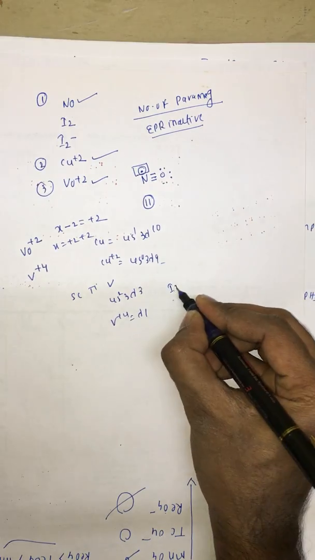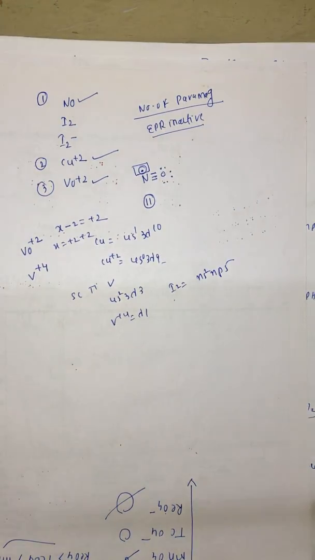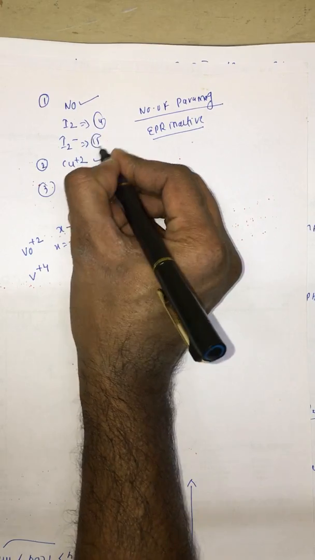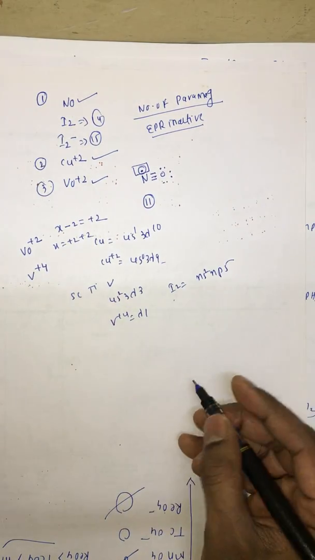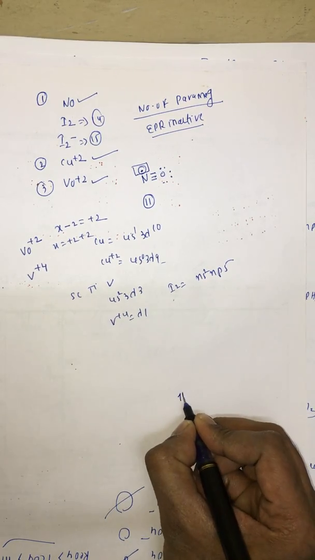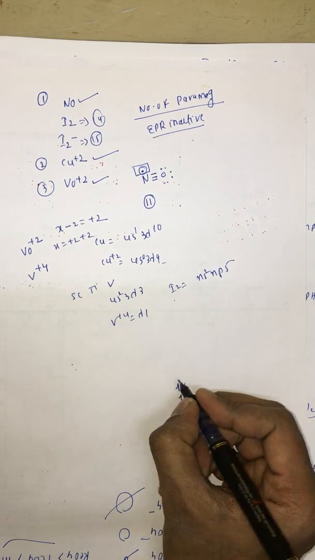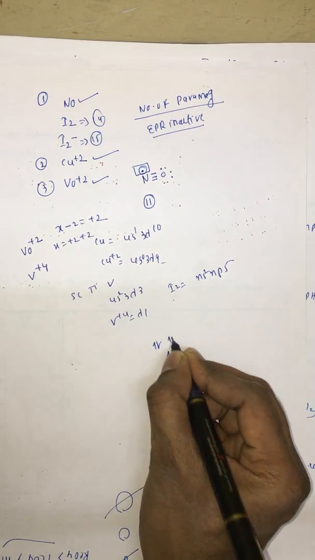Now we'll go for I2 and I2 minus. I means ns2 np5, right? 7 electrons are there in total. So here 14 electrons are there and here 15 electrons are there, right? Now we can fill them in the MO diagram: 1 2 3 4 5 6 7 8 9 10 11 12 13 14.